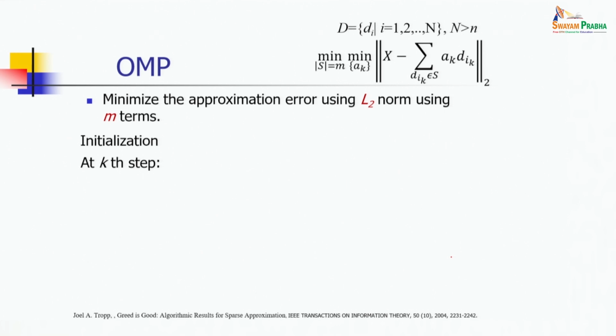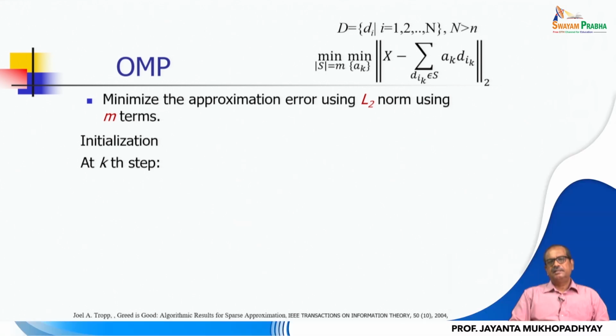Now, when we consider orthogonal matching pursuit, we would like to see that every time the residue becomes orthonormal to the selected set of atoms, which means that if I take the inner product of those vectors, it would always be 0. So there is no point taking them under consideration. Initially, of course, you do not have any vector. The residual vector exists, but we do not have any selected atoms.